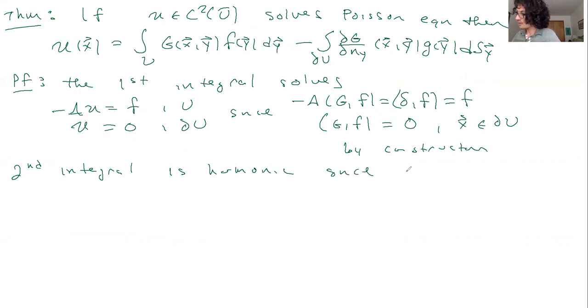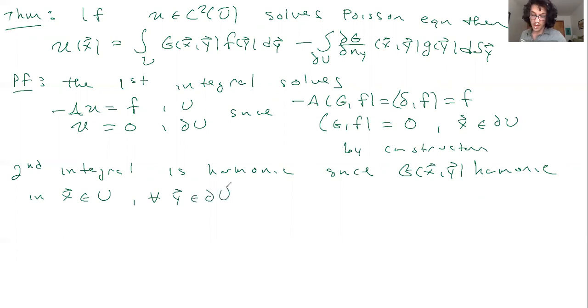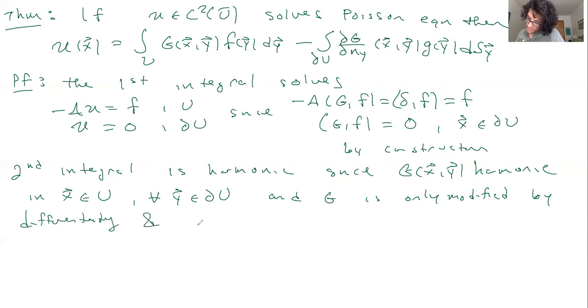Well, it's harmonic, okay? Since G of x, y is harmonic, and x lives in U, then for any y on the boundary, right? Because that's what we're integrating over. And G is only modified by differentiating and integrating, okay?